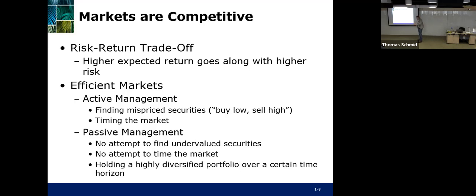So you're not going in and out, and you are not selecting securities within an asset class. If your asset class is US equity, you just buy a broad US equity index, you are not selecting any securities, and you are not timing the market. You are just buying it today and holding it for 10 years, or over your investment horizon.